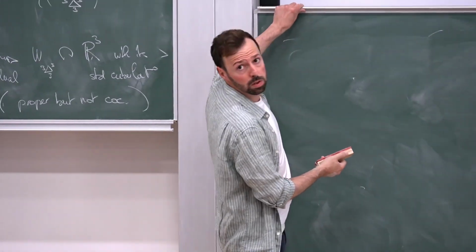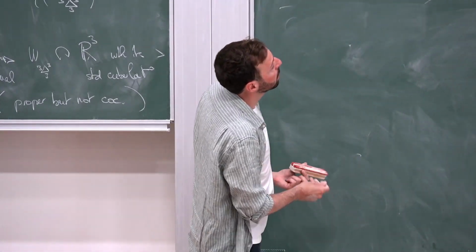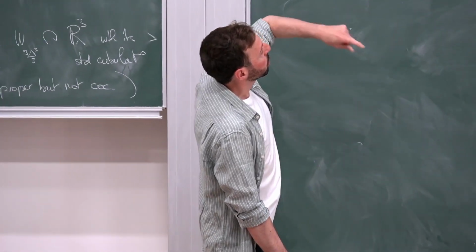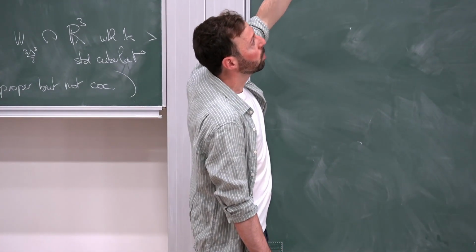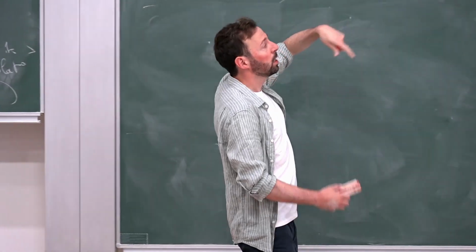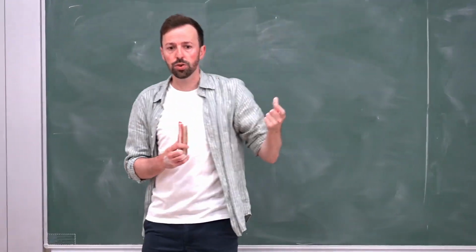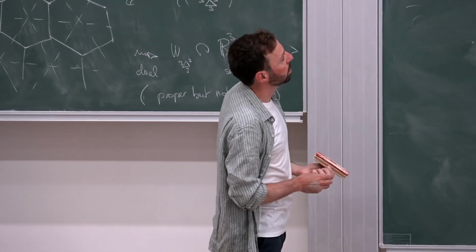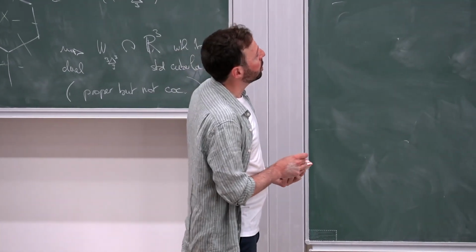Actually, maybe I'm going to skip the picture. Essentially, what they're saying is that there's some sort of small cancellation geometry, but you need to take an infinite presentation instead of the standard finite presentation.